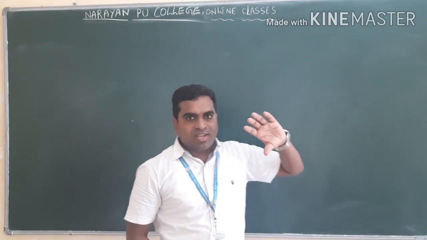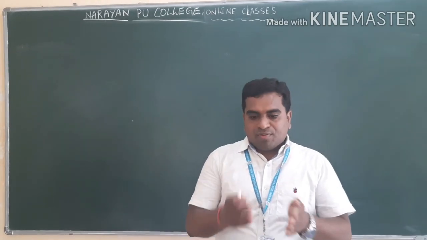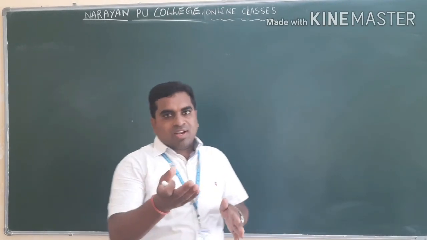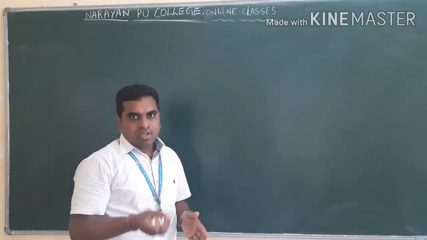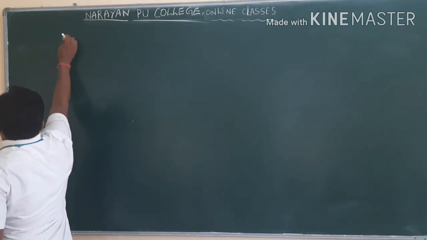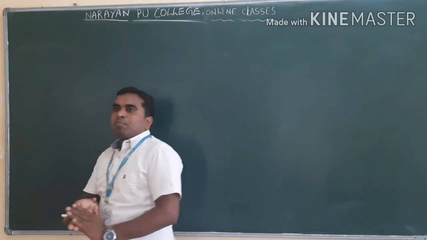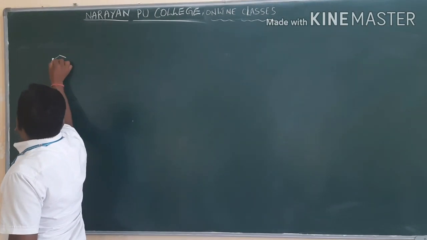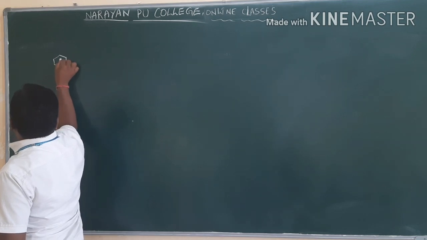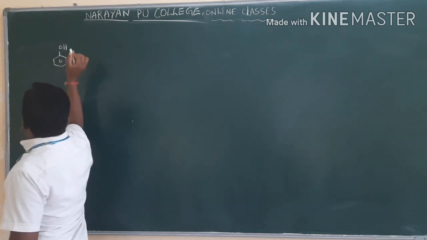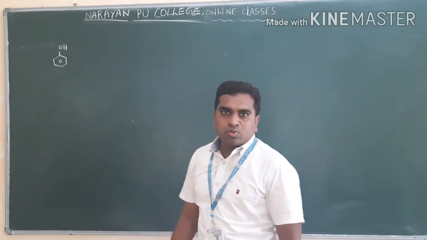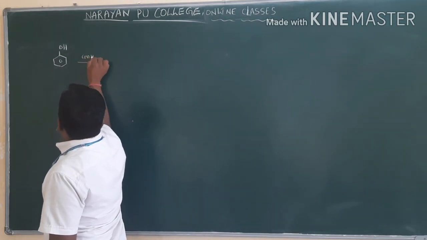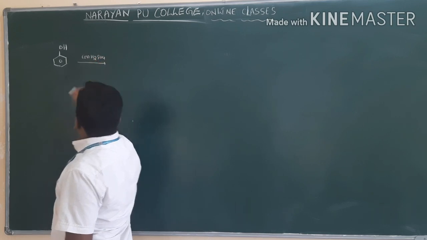Some of the phenol gets oxidized and only the remaining phenol forms picric acid, so you will get a very low yield. So what is another method to prepare picric acid? First we will take phenol here and do the sulfonation. For sulfonation, take concentrated H2SO4 here.